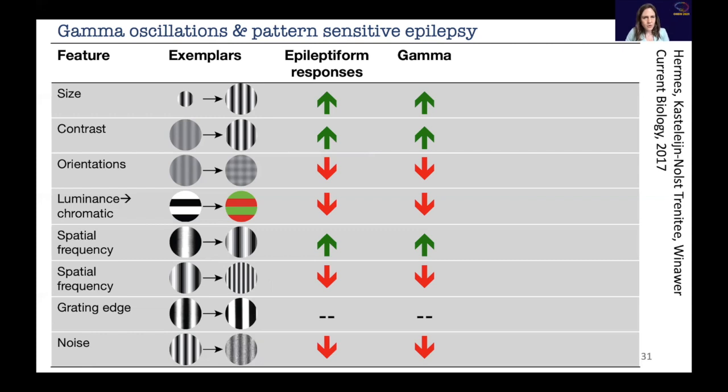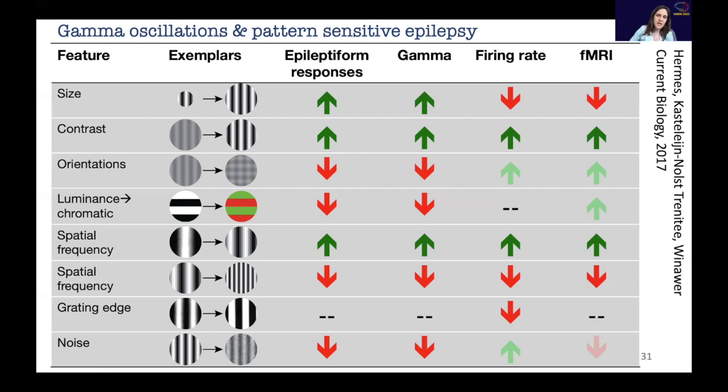And epileptiform responses by these other studies change in a very similar way, increases in size, increases in contrast, decreasing for multiple orientations, etc. However, when we compare that to firing rates for similar stimuli, we saw that they changed in a very different manner, as well as the fMRI signal.